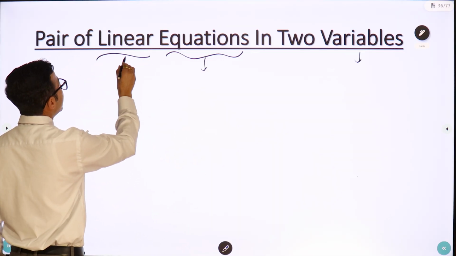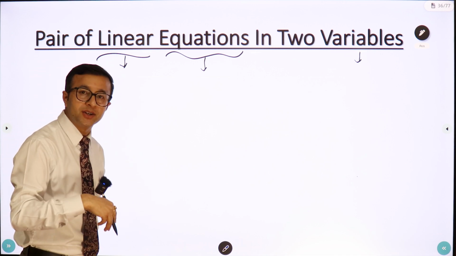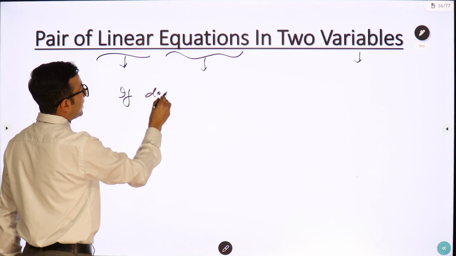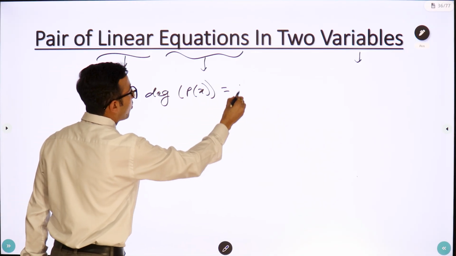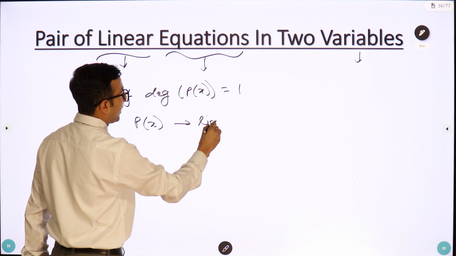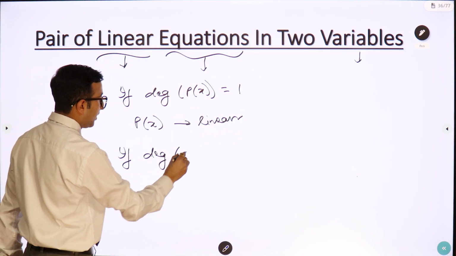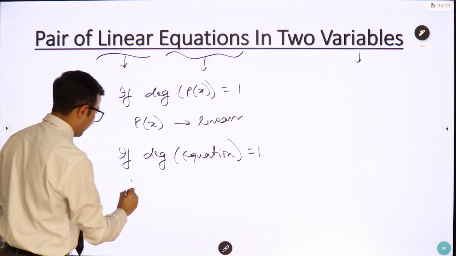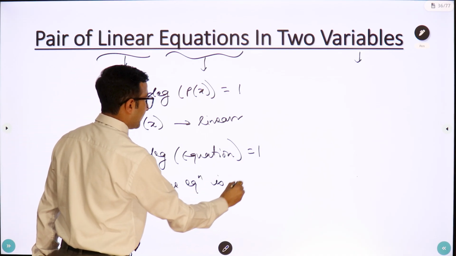Now after it comes linear. Under what condition can we say linear? We have already seen in the previous class, in the chapter Polynomials, that if the degree of a polynomial is 1, then we say the polynomial is linear. Similarly, in the case of an equation, if the degree of the equation is 1, then the equation is linear.